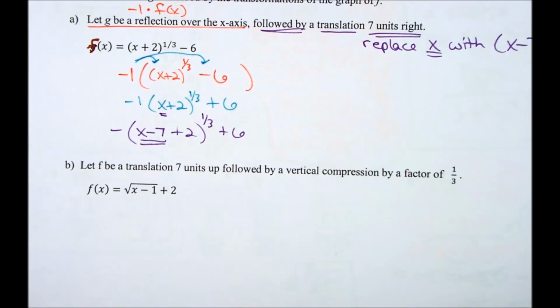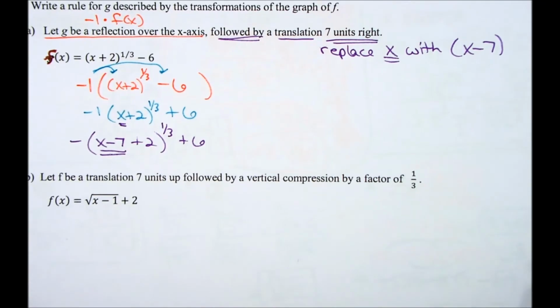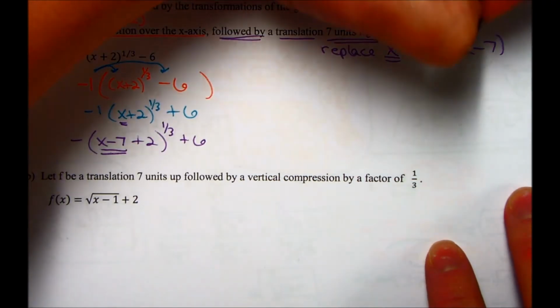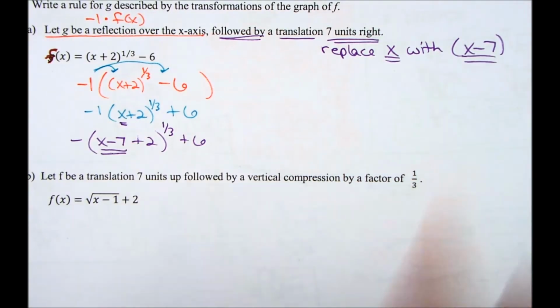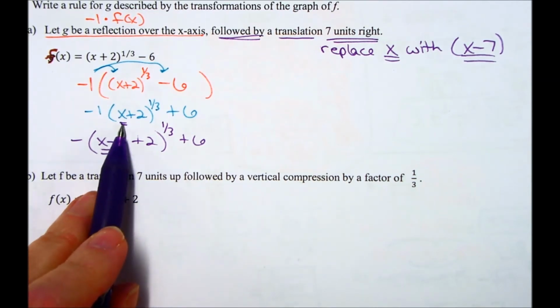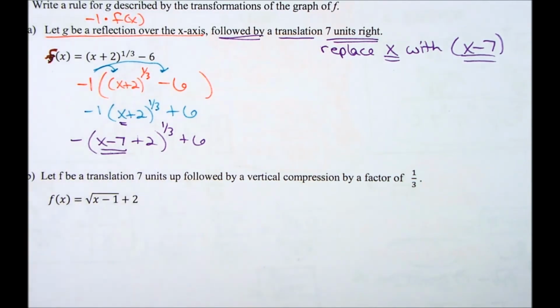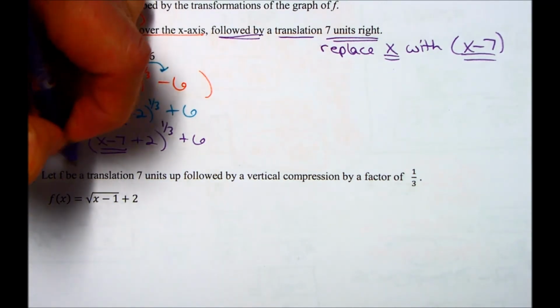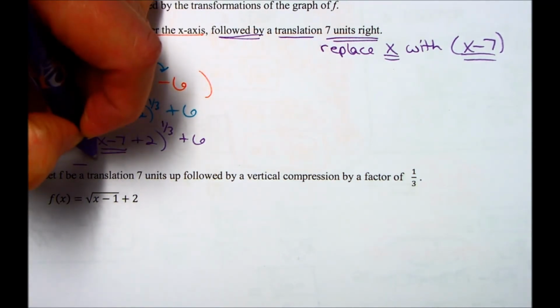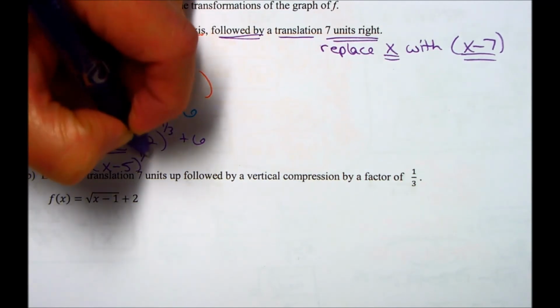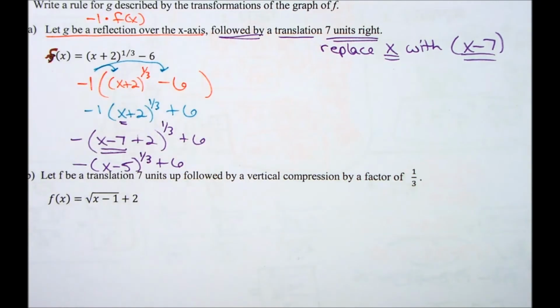So whenever you have a horizontal transformation of some sort, it's just the x that gets replaced with whatever you're doing with it. So the x gets changed to x minus 7. Now we can simplify what's inside. The -7 plus 2 is -5. You're still going to have the exponent of 1/3 plus 6.